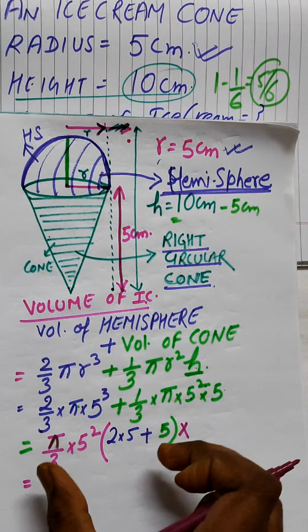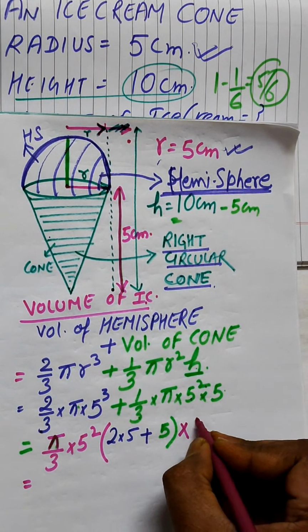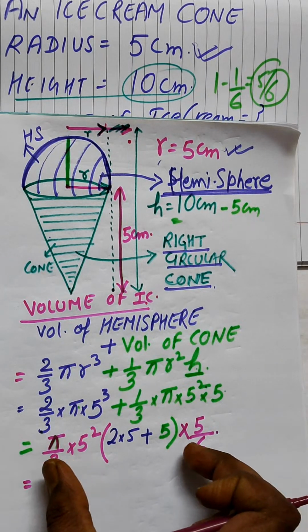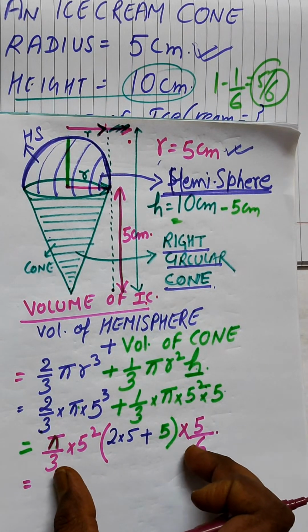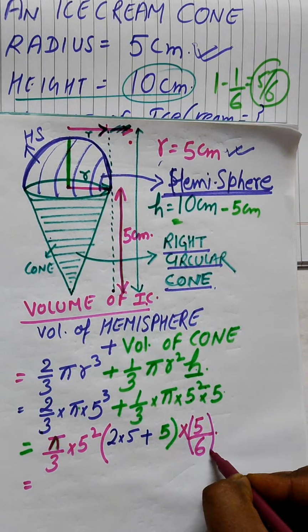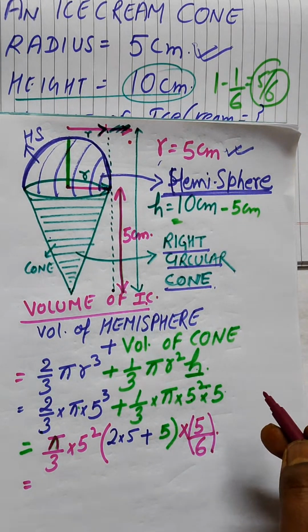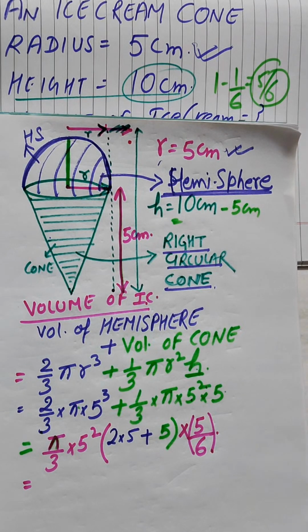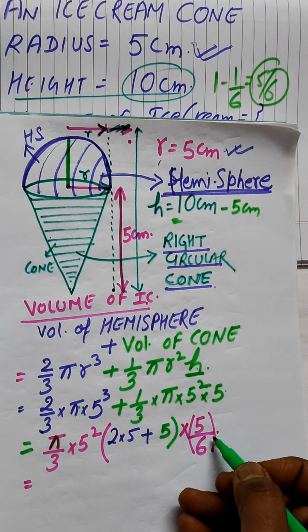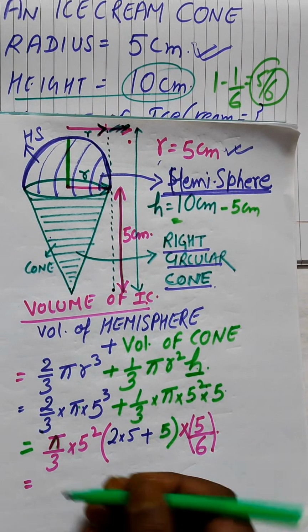We are having only 5 by 6 of that. That is the portion given by the shopkeeper to you. Only 5 by 6 part is given to you, 1 by 6 is left blank. No ice cream. He cheated you. Anyway, you are smart enough to get that part. But anyway, just solve it.